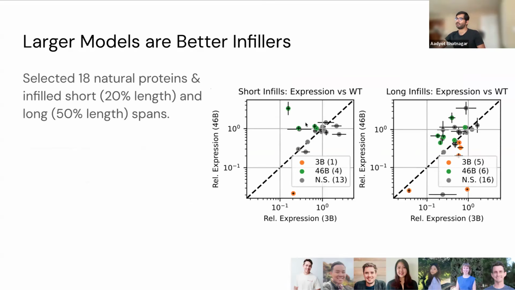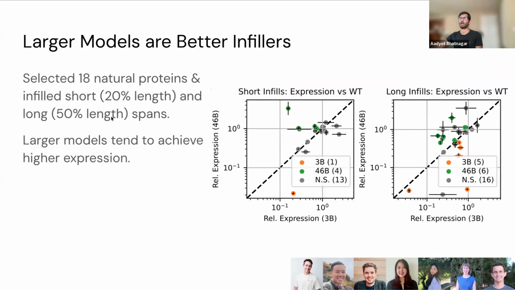And to show you in action some of the implications of this, we found that larger models are generally better at infilling. So we pre-selected 18 natural proteins, and we infilled both short and long spans. In this plot, on the horizontal axis is the relative expression of the generations from the 3 billion parameter model.